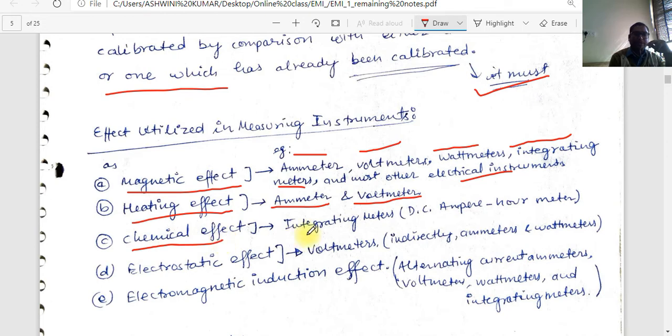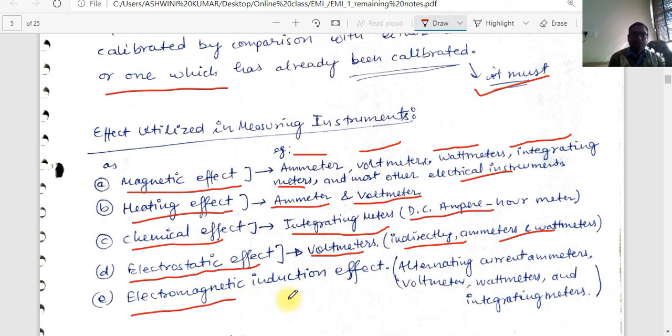The chemical effect is used in integrating meters like the DC ampere-hour meter. The electrostatic effect is used in voltmeters, and indirectly ammeters and wattmeters. The electromagnetic induction effect is used in alternating current ammeters, voltmeters, wattmeters and integrating meters.